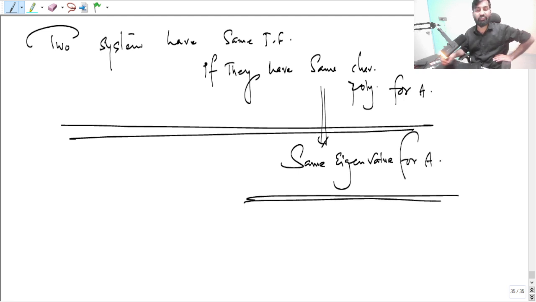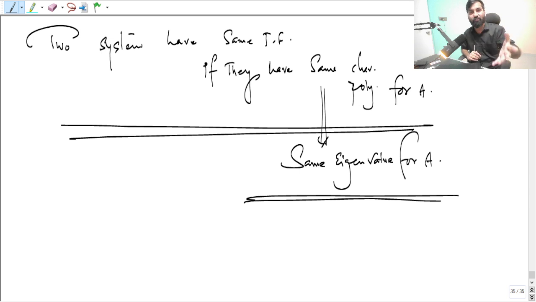So you can say two systems will have the same transfer function if they have the same eigenvalues for the A matrix only, guys, or the same characteristic polynomial. I believe everybody knows how to find the characteristic polynomial from the matrix.